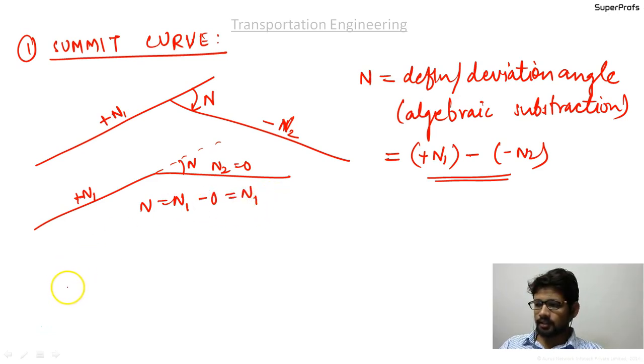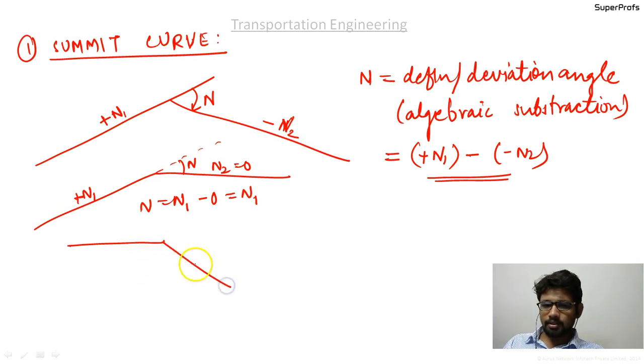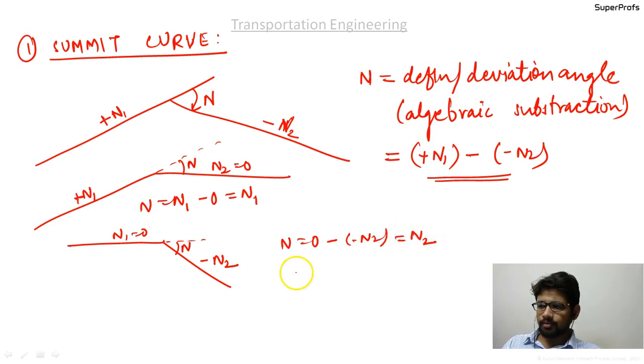Suppose the case is like this: initially it is flat, and then it is minus n2. So n1 equals 0, so n equals 0 minus of minus n2, which equals n2, fine.